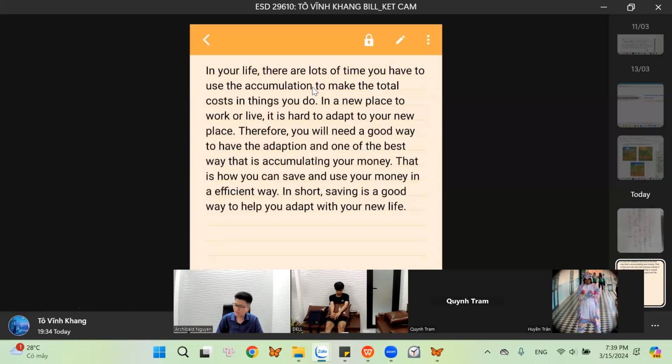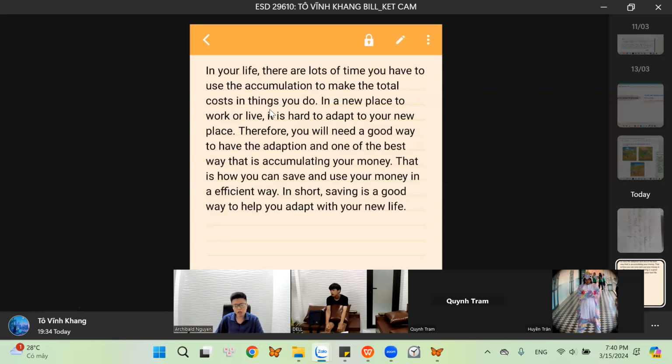But here, English and Vietnamese are different. People in Vietnam say that things that you do, but in American, people don't understand what exact things that you do. So you need to be specific in the way that you write, specific in the word choices to make the total costs from what, from where, from business, from studying, from daily life activities.